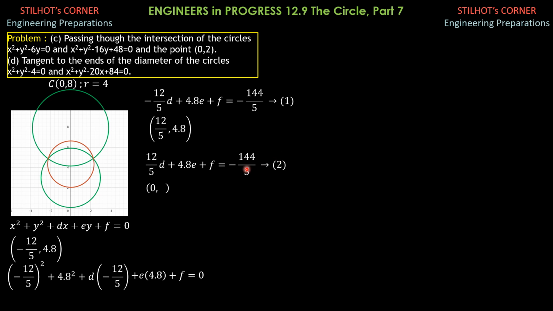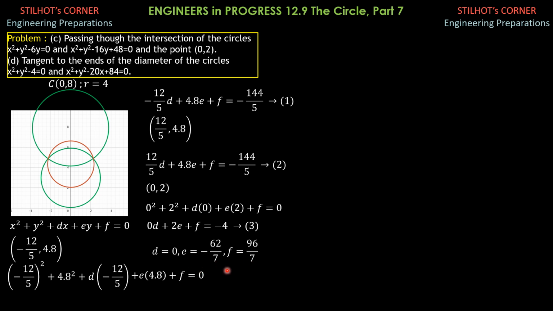Then finally at (0, 2), so 0 squared plus 2 squared plus d times 0 plus e times 2 plus f equals 0. So this last equation reduces to 0d plus 2e plus f equals negative 4. Solving these three equations simultaneously, we get d equals 0, e is negative 62/7, and f is 96/7.